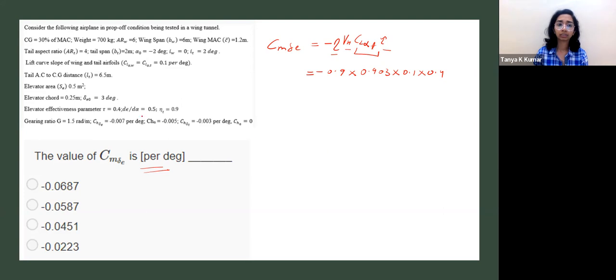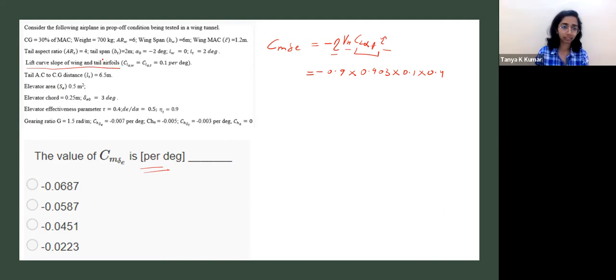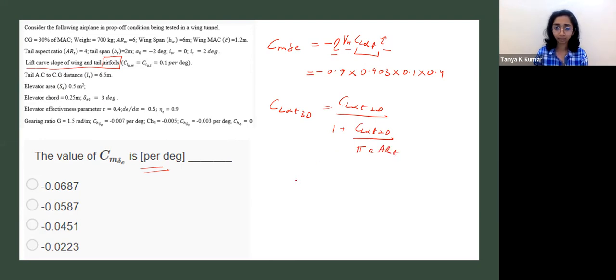Okay. They have given you the lift curve slope. CL alpha, you have to convert it to 3D, I guess. Yes, they've given it for the airfoil. You need to take it for the wing. So CL alpha tail 3D is CL alpha tail 2D by 1 plus CL alpha tail 2D by pi e AR, here of the tail.